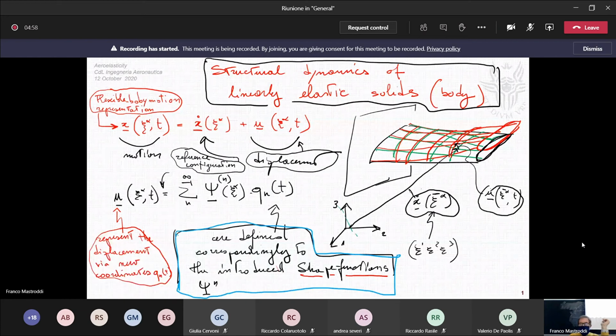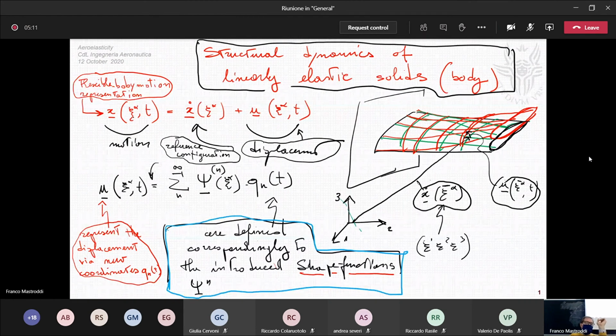So X is the position, and ξ, like ξ1, ξ2, ξ3, so for alpha running from 1 to 3, are the current material coordinates. The material coordinates in principle are arbitrary coordinates representing the material point of the flexible body.